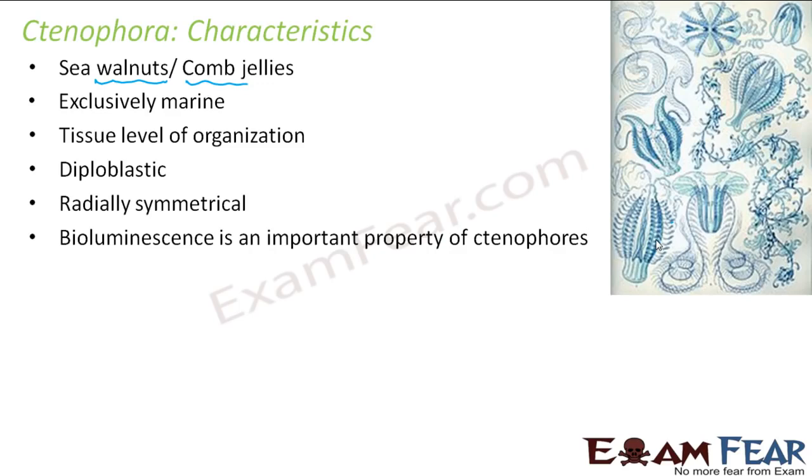Bio means life, luminescence means light. So some of the ctenophores have this property that they give out light of their own. That is a characteristic feature of the ctenophores. Another important feature is that their body bears ciliated comb plates, because of which they are also known as comb jellies.